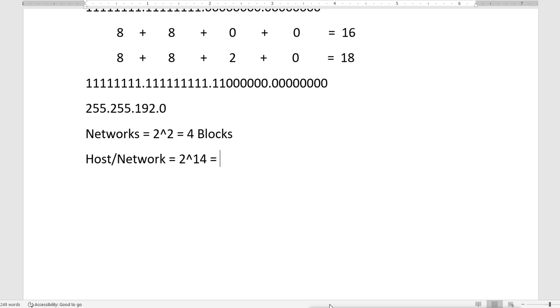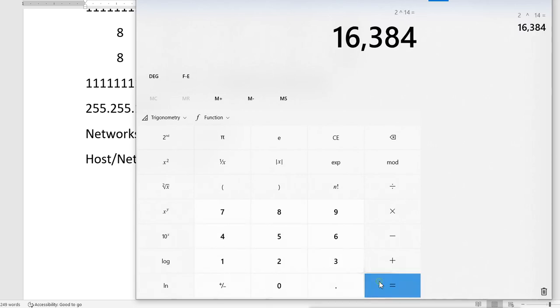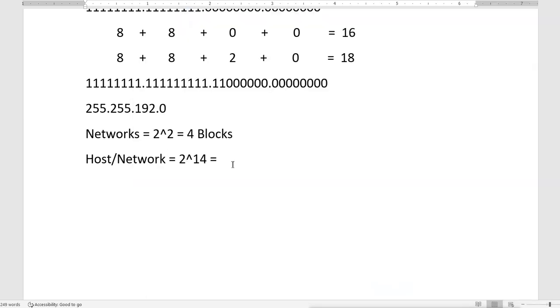We can use a calculator here, because it is a big number. So 2 raised to 14 is 16,384.